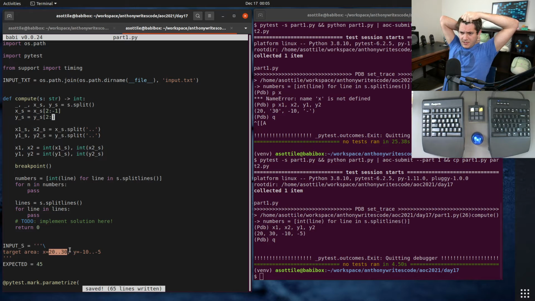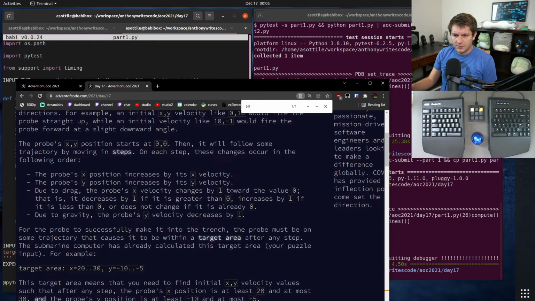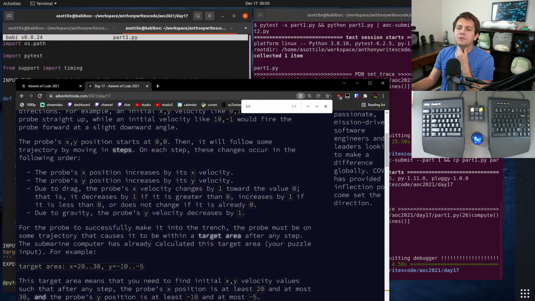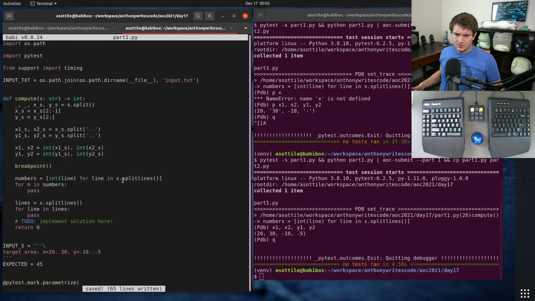It reduces by drag 1 per step. So the minimum x velocity is whatever the difference is? No. Difference over 2? Oh, this is such a tricky problem.